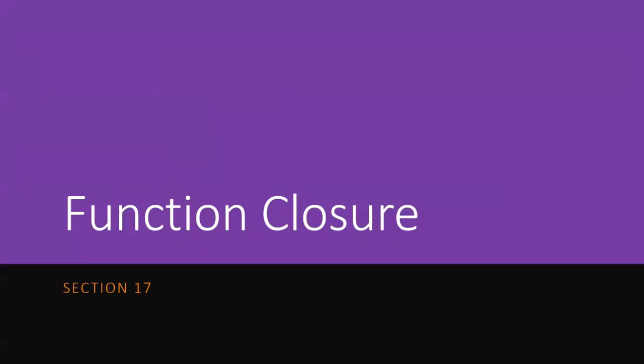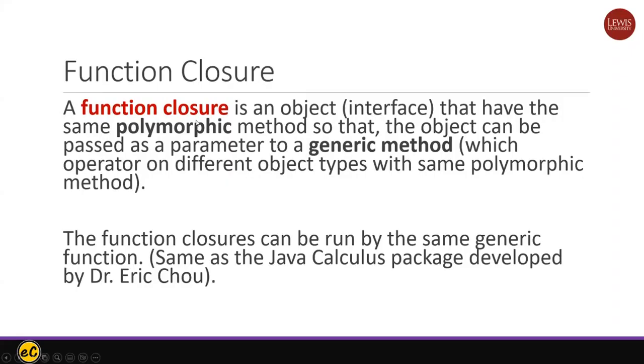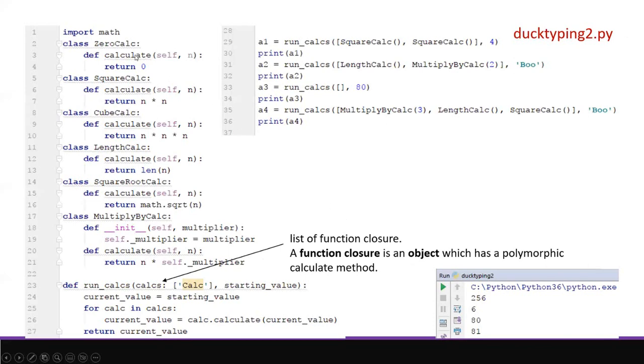Okay, last topic, function closure. Function closure is about passing a function as an object. So here we have a math example. We have a zero calculator, square calculator, cube calculator, whatever.